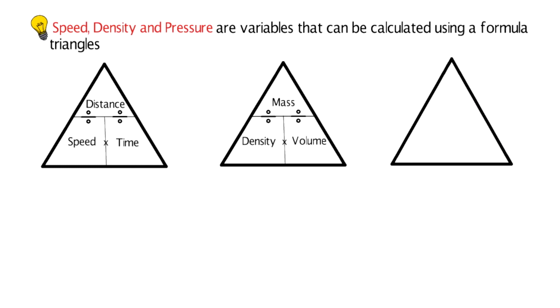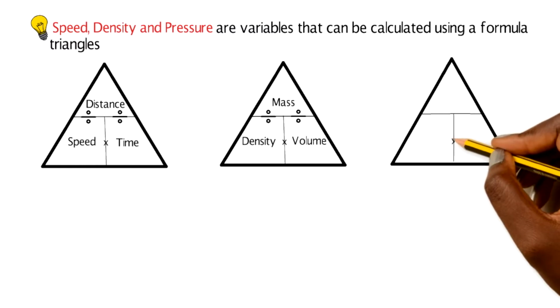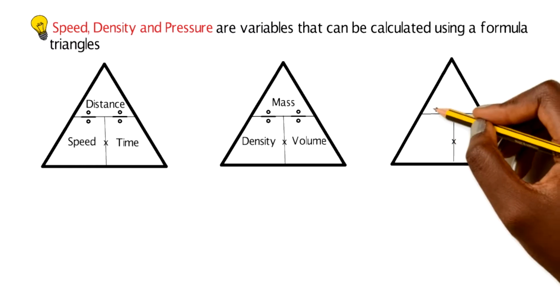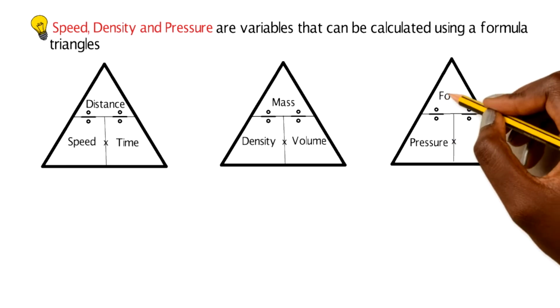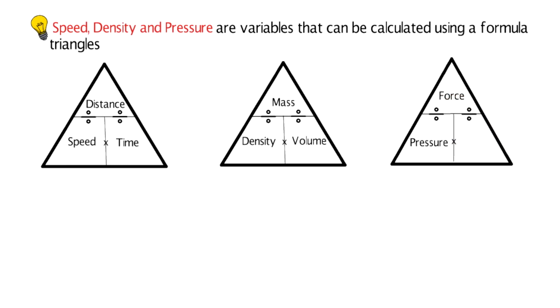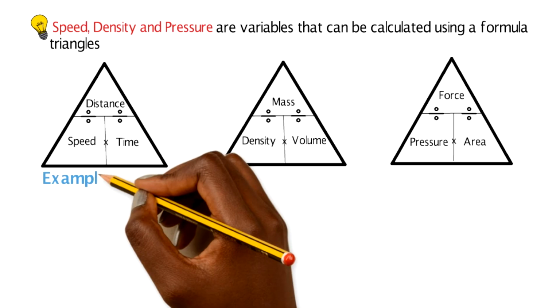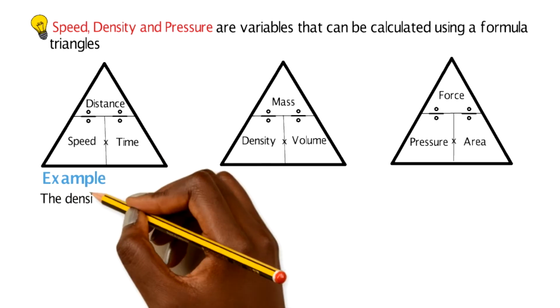And the last formula triangle we're going to go through is involving our force, our pressure, and our area. So with this triangle, pressure is at the bottom, force is at the top, and area is also at the bottom. Okay, so remember these to help you work out certain parameters in these triangles.